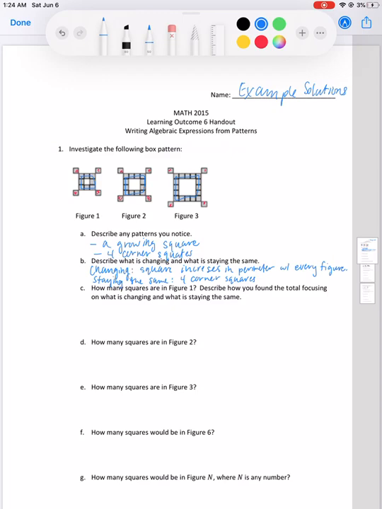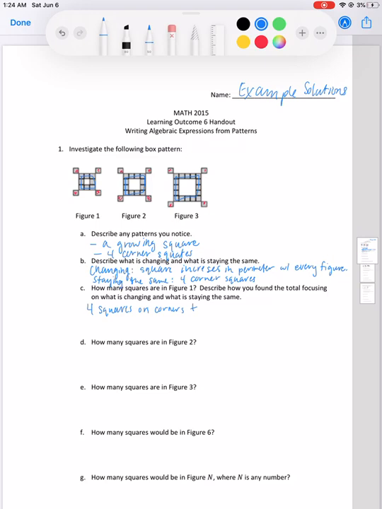So in figure 1, we have four corner squares. Four squares on corners. Plus, we have three, you can count them in a couple of ways.